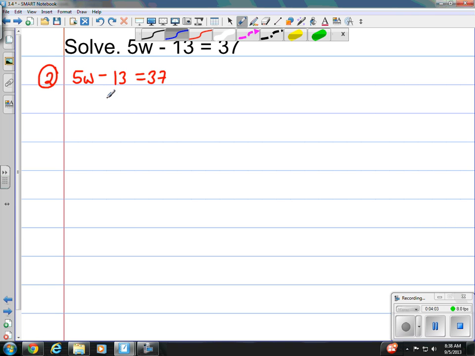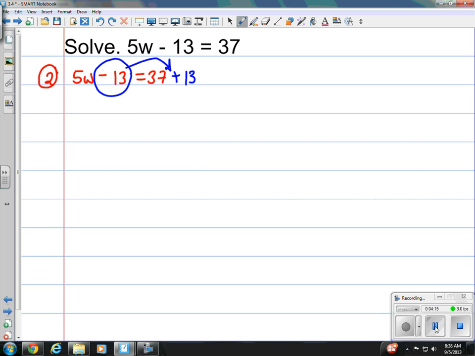So step 2, transpose your constant being added or subtracted. Alright, so if we have a minus 13, we're going to take it across and make it a plus 13. So my minus 13 over here disappears. I keep my 5w equals 37 plus 13 is 50.